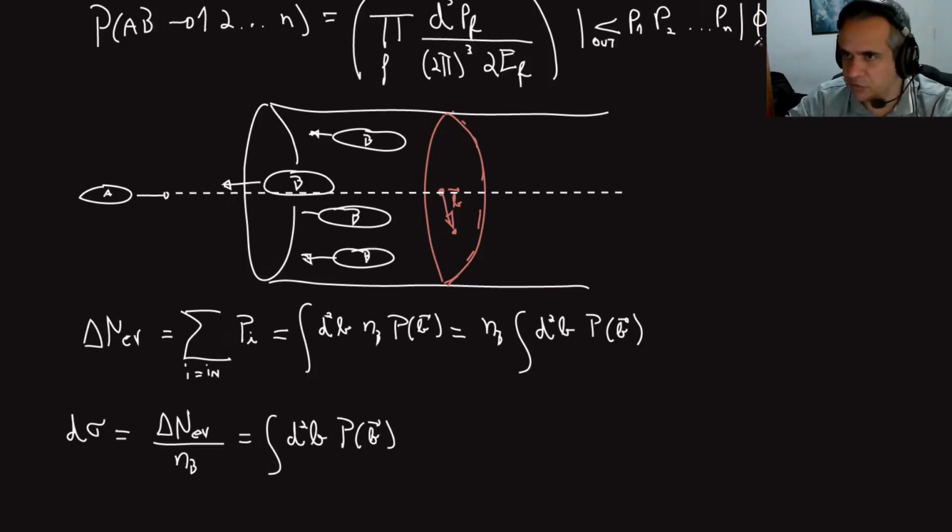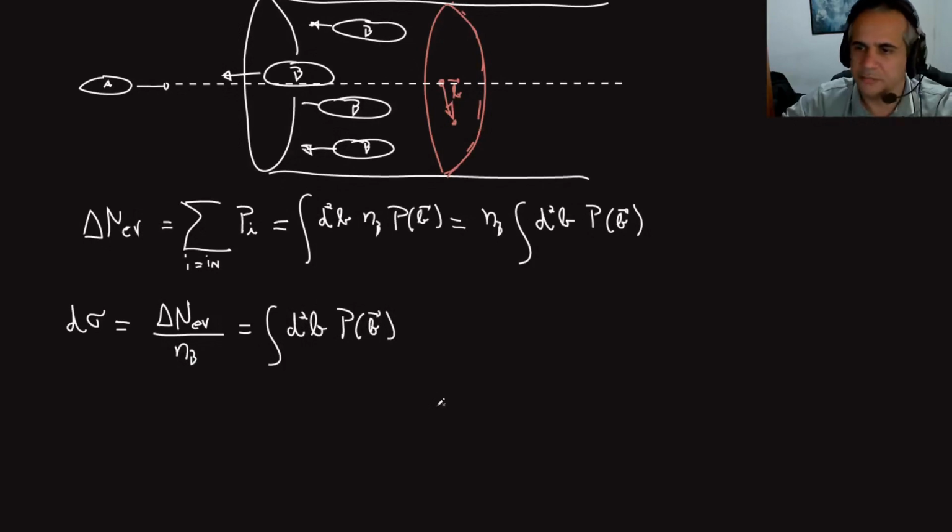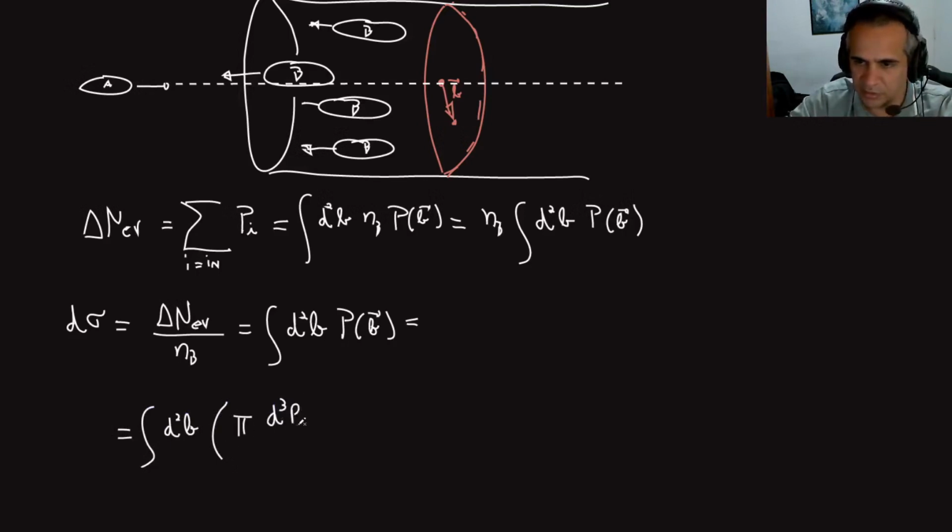Now I just have to substitute this expression down here, and what I'll have is that the differential cross section, right, is the integral over b of that, with many small intervals in momenta of the final particles.